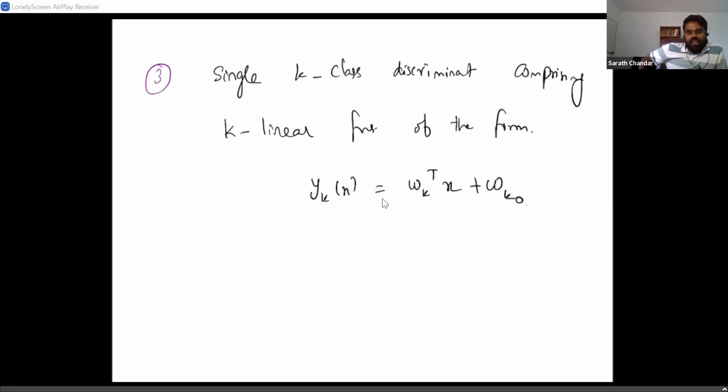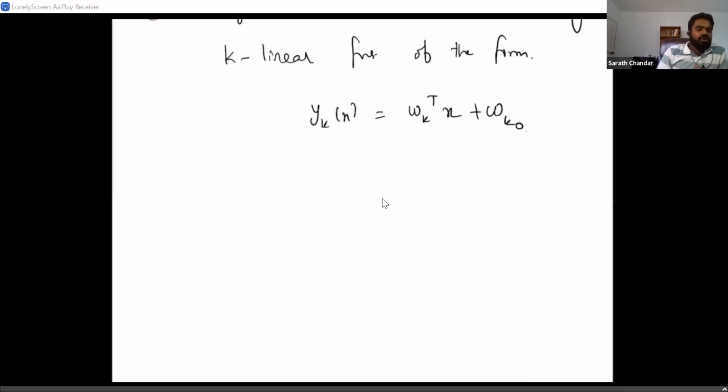So what am I doing here? In this case, instead of having different decision boundaries like one versus rest or one versus one, I'm just going to consider k discriminant functions. If I have k classes, I have k of these y's.